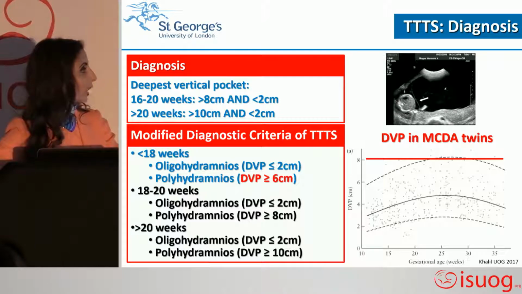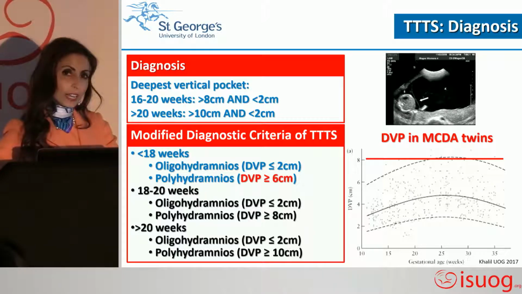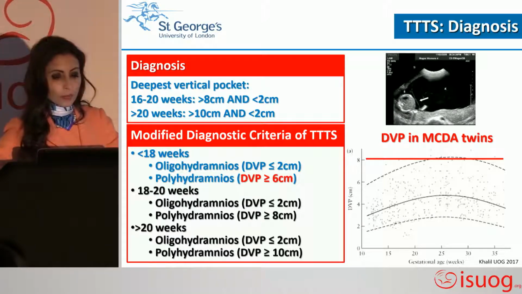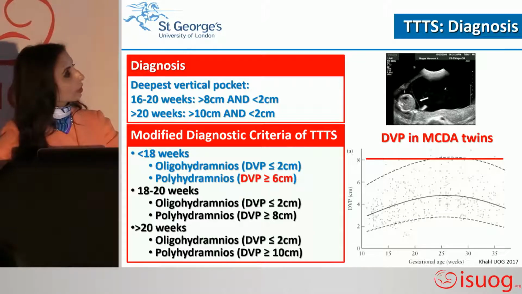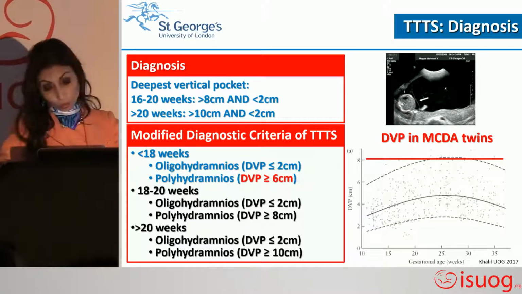And I did mention yesterday that we proposed a modified diagnostic criteria for TTTS, where when the gestational age is less than 18 weeks, you use a cutoff of 6 centimeters for the polyhydramnios, instead of 8 centimeters. The rationale is that if you look at the reference range for the deepest vertical pocket in monochorionic diamniotic twins, 8 centimeters when it's less than 18 weeks is just too high.